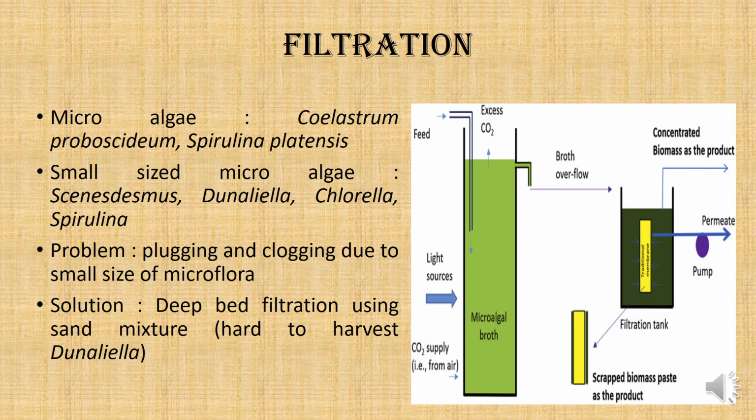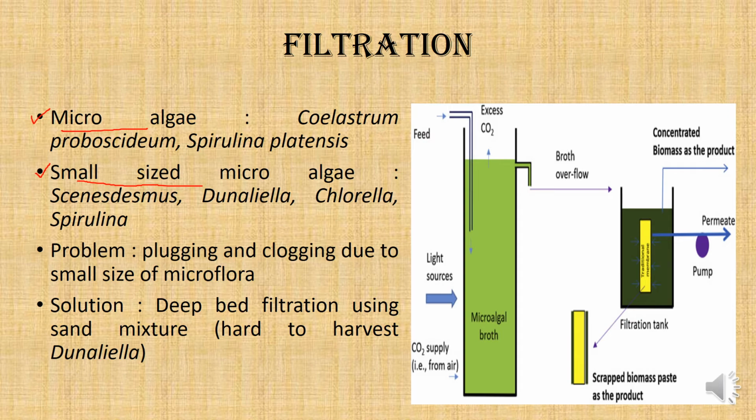So using this filtration, we can filter out the microalgae that are of much larger dimension, as well as bacterial dimension microalgae. Both these two types of microalgae can be easily harvested using this filtration technique.